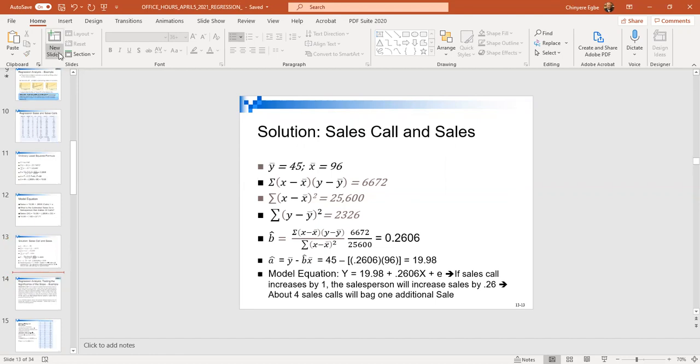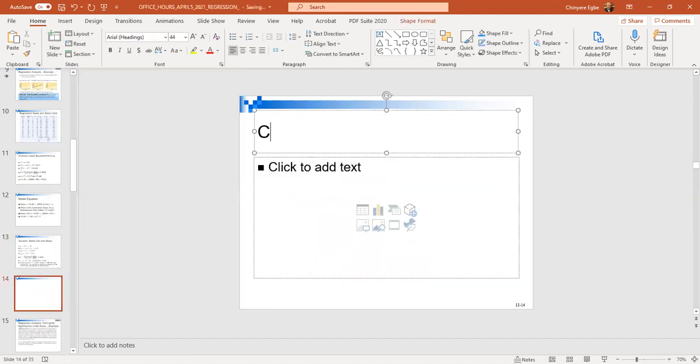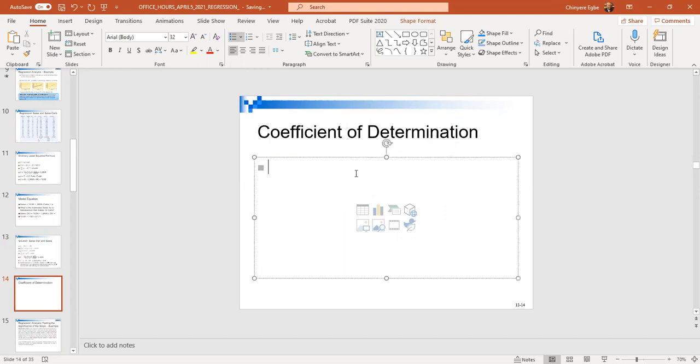So the formula for the coefficient of determination is b hat times the summation of x minus x bar times y minus y bar, divided by the summation of y minus y bar squared.